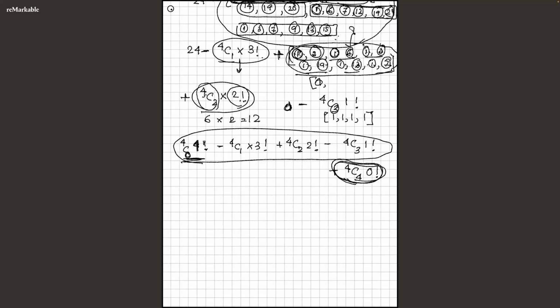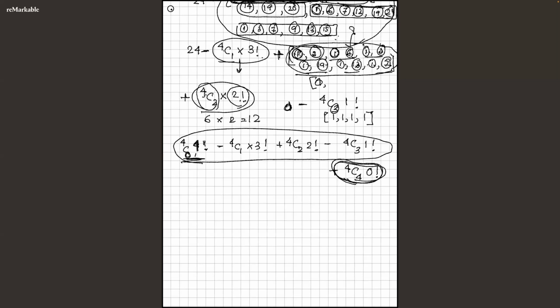I started with all 4 houses, arranged completely randomly, and there are 24 ways. But in the process, we understand that among those 24 ways, there are a lot of houses getting their own letters. Therefore, we subtract the possibilities where at least one house gets its letter delivered. I do not know about the other three.